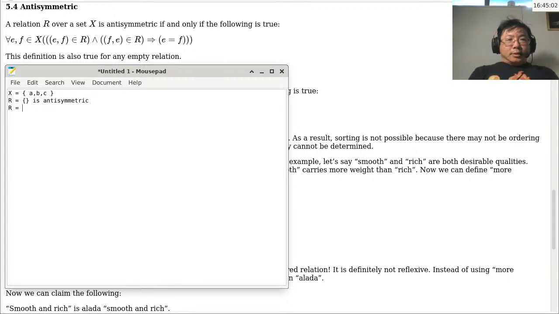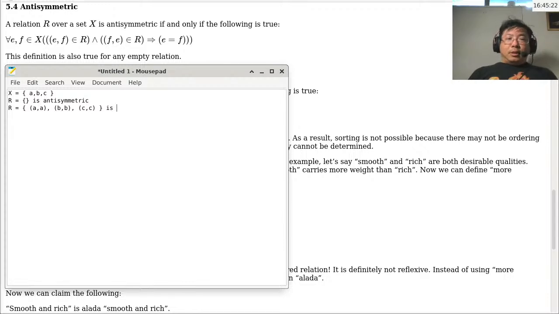All right, let's take a look at another relation then: (A,A), (B,B), and (C,C). What about this one? Is it antisymmetric or not? Now we know this one is reflexive. Yep. We know it is symmetric. Yes. We know it is transitive.